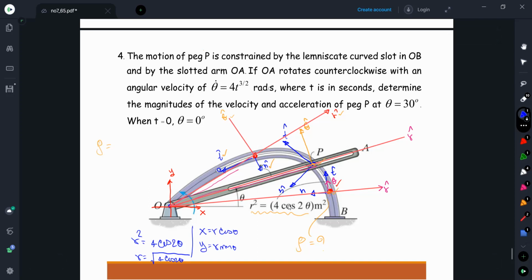And you will see that r is a term of theta also. Okay, but it is not directly that. It is in terms of a square root. So we have to substitute into this again.